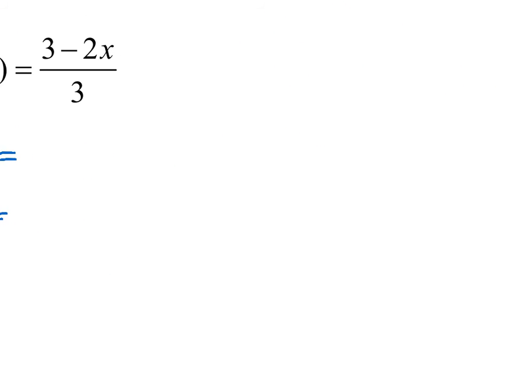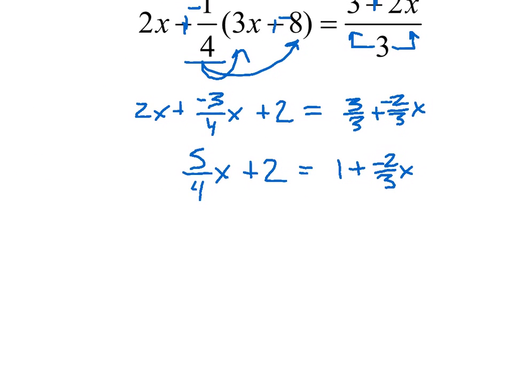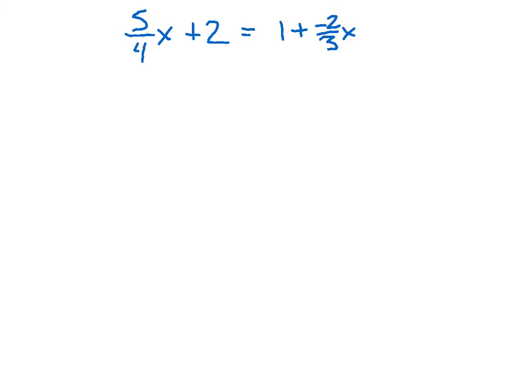What do we need to do to simplify this side of the equation? Katie. Then what? Three thirds plus negative 2/3 x. That's the same thing as 1 plus negative 2/3 x. Okay, next step. We've got both sides simplified.